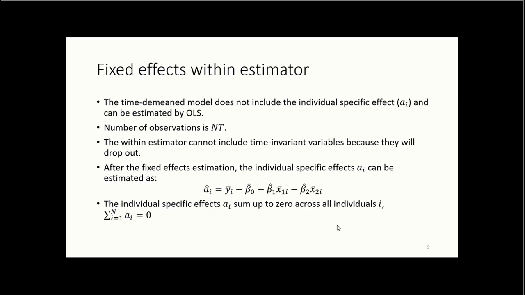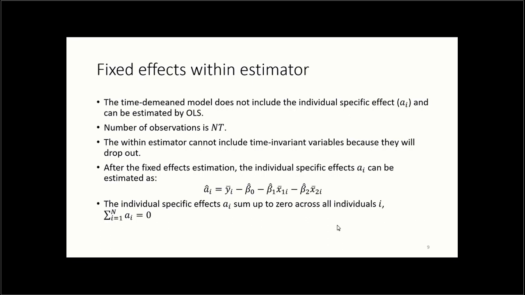So again, the advantage would be that this time demeaned model would not include the individual specific effects a_i, and therefore it can be estimated by OLS. The number of observations here would still be n times T, and the within estimator also cannot include time invariant variables because they will drop out.